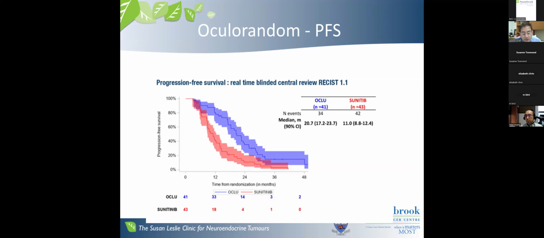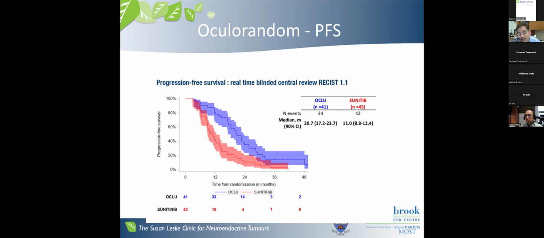Here, we can see the progression-free survival data, which I think many of us would be much more familiar and comfortable with. And you can see here that, in fact, the median difference between the PRRT arm and the sunitinib arm, excuse me, was 20.7 months versus 11 months. Now, this wasn't, again, to be clear, its primary endpoint, but nonetheless, there did seem to be an advantage, as well as it did meet its primary endpoint of progression-free survival at 12 months.